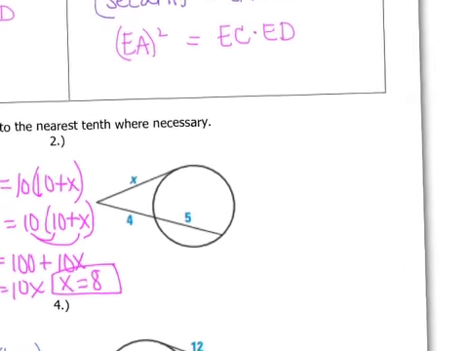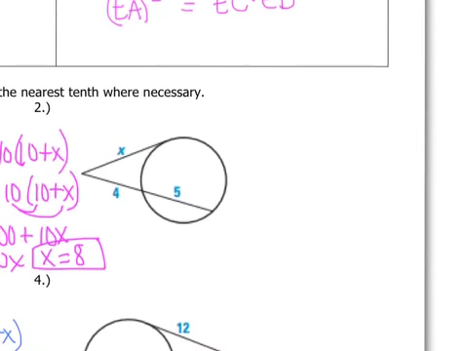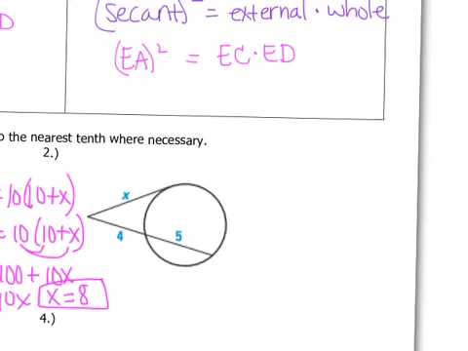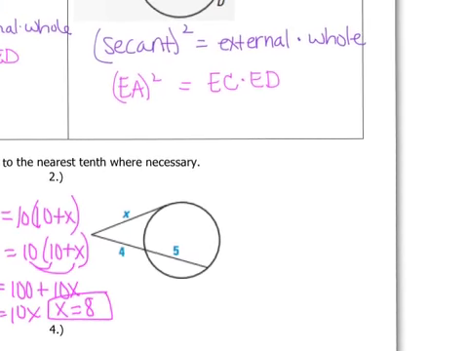So if we look down at example number 2, we can use that information. So secant segment squared, our secant segment is x, so we are going to square that. That is equal to the external times the whole. So the external part times the whole thing.